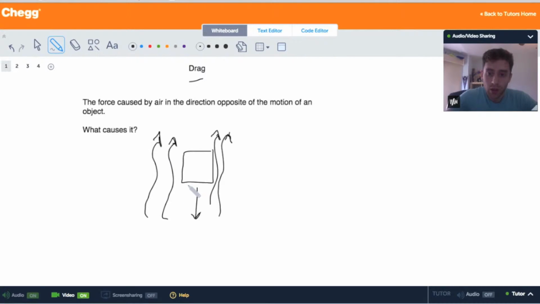It's caused by friction between the molecules in air and the surface of that object. They're hitting the bottom of this object and causing friction, acting as a force in the opposite direction of the motion. So the actual drag force is caused by the molecules in the fluid, in this case air, against the surface of the object.